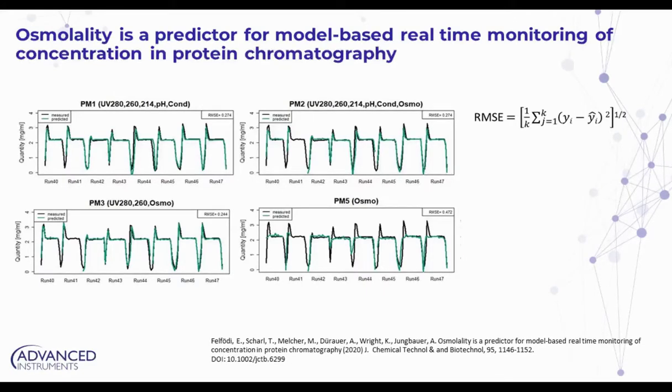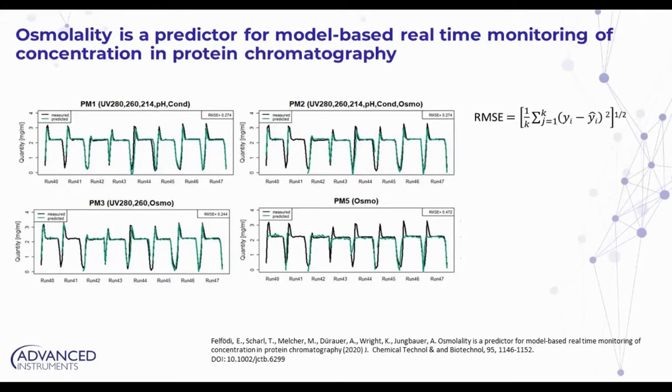So, we did a flow-through chromatography, like a polishing step to remove aggregates from monomers in an antibody process. Below you find the paper which we have published recently, and there you find all the details.